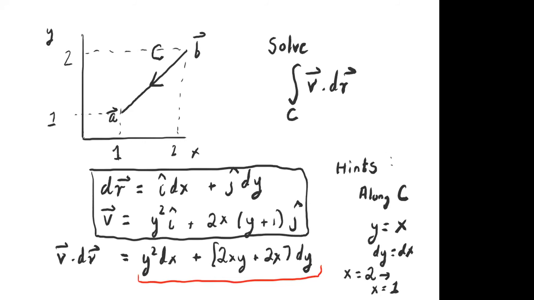And I maintain that you should evaluate this yourself, this line integral over C, and you will find that in fact, well, you see what you find. I won't tell you. And try it.